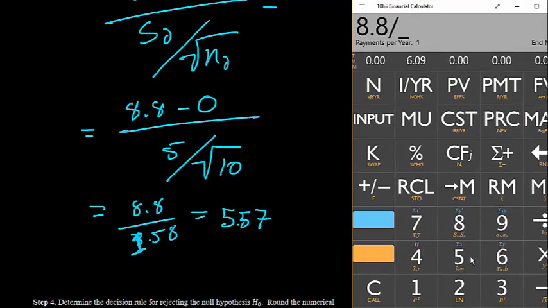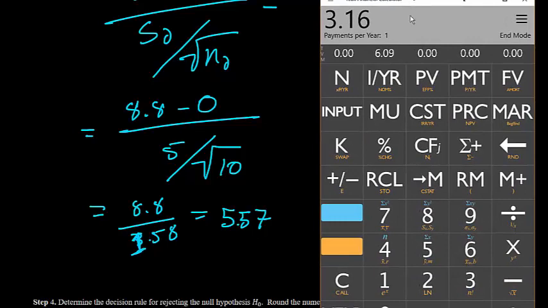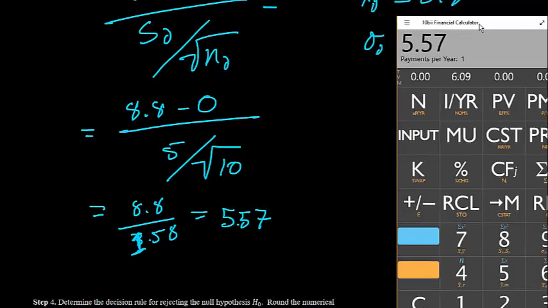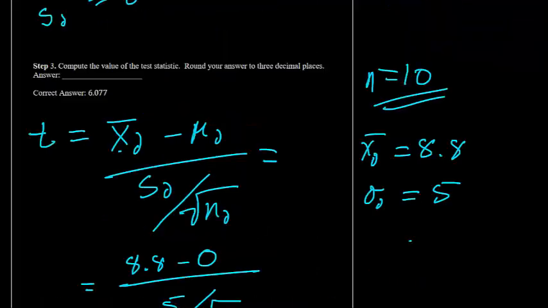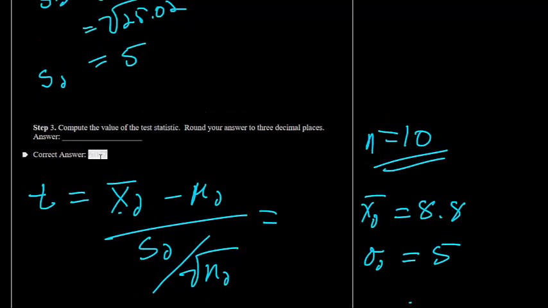That's not right, it's not 3.16. Let's do it again. The square root of 10 is 3.16. There's our mistake. Put that in memory. 5 divided by 3.16 is equal to 1.58. Put that in memory. 8.8 divided by 1.58 equals 5.57. I get 5.57. I'm pretty sure that's right. That looks like a rounding error to me. We're going to have to work it.